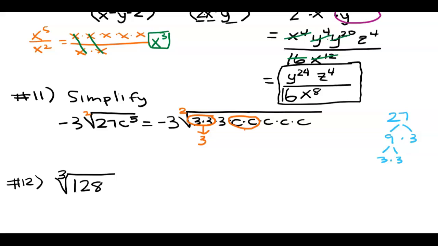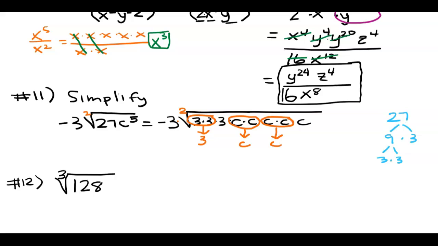Looks like there's a pair of c's, so a c gets to come out, and another pair of c's, so another c gets to come out. But this last c doesn't have anybody to pair up with either, so it is stuck inside there. When things come out of the square root prison or jail, or whatever you want to call it, they're going to be multiplied by the number that's already out there, or just multiplied together.